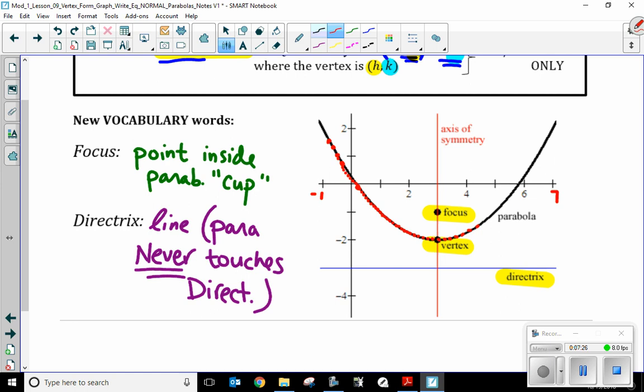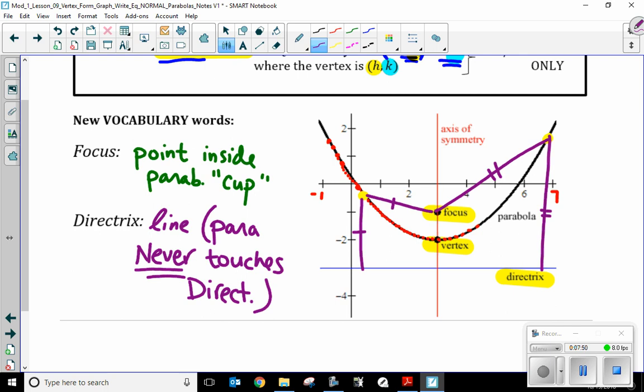Let's pick this one right here. I don't know what that coordinate is. But the distance to the focus and the distance to the directrix are also the same. Okay? Let's pick another point right up here. The distance from that point to the focus and that point to the directrix is the same.